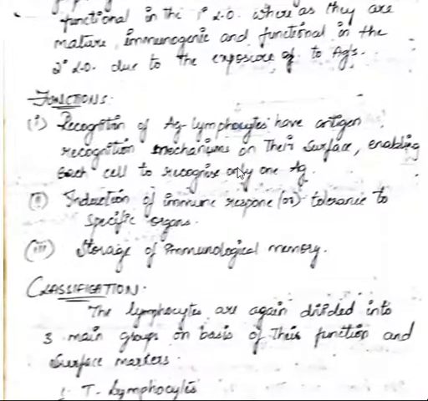Then coming to the function of these lymphocytes, obviously they will recognize antigen. Lymphocytes have antigen recognition mechanism on their surfaces, enabling each cell to recognize only one antigen. This is very important. That's why the antibodies and the antigens are going to be specific with one another.